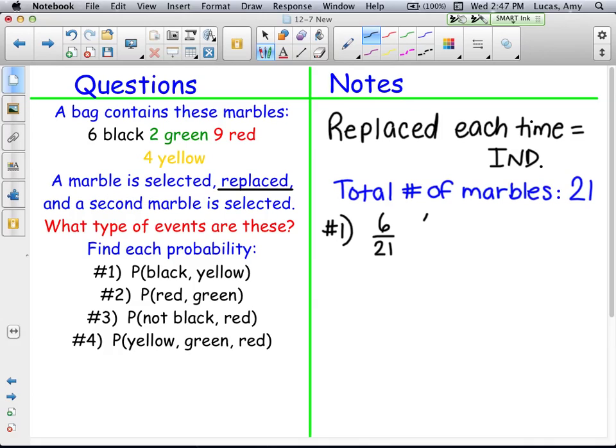Yellow, there are 4. So 4 out of 21 is the probability of drawing yellow, and then I need to multiply together these probabilities. So remember, when you're multiplying fractions, you multiply straight across. So 6 times 4 is 24, and 21 times 21 is 441.